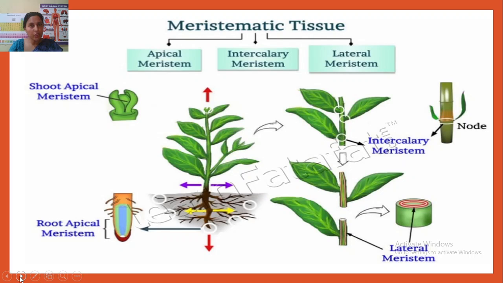This meristematic tissue is again divided into three groups according to the place where they are present in the plant. Apical meristem is present in the shoot apex and the root apex. Intercalary meristem is present in the internodes, and the lateral meristem, as its name implies, is present laterally in the stem and in the roots.